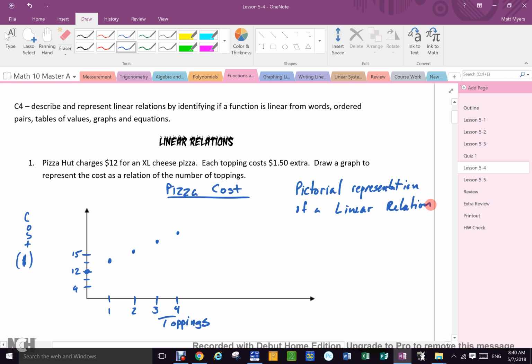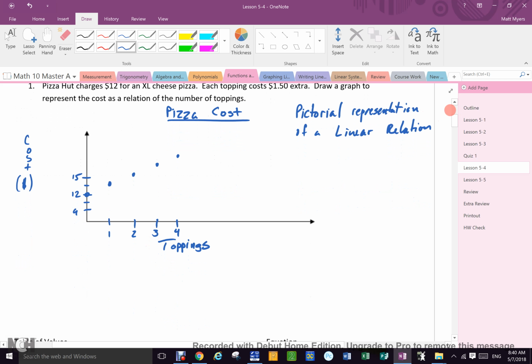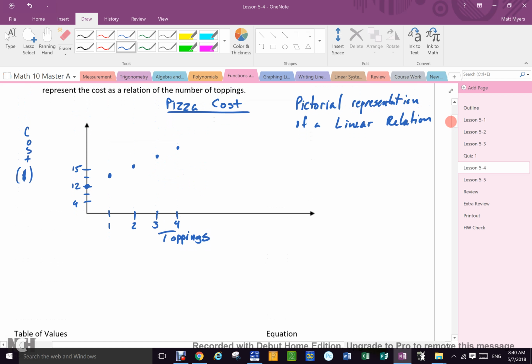Now, this happens to be a linear function as well, yes? Because if we do the vertical line test, it only hits in one spot, correct? Everybody with me? All right. So that is a pictorial representation. Now, in this blank space right here, we're going to talk about what that is.